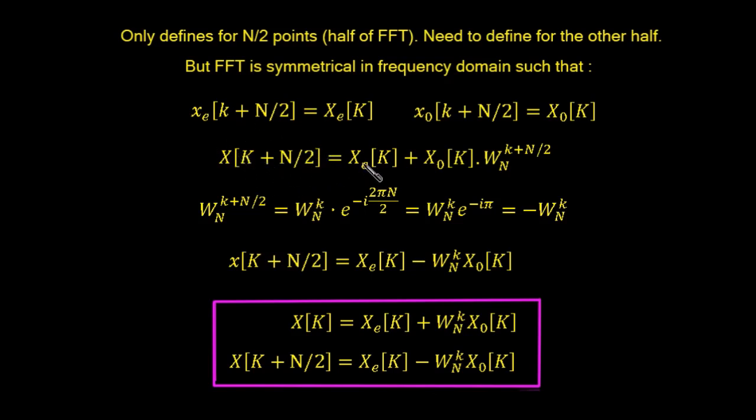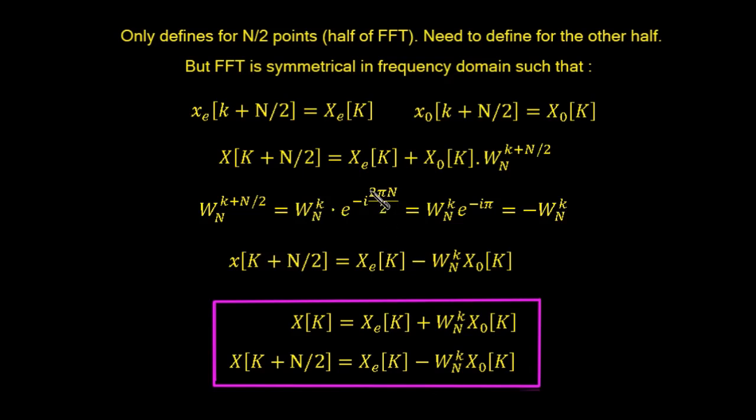So that's going to equal X even part of k plus X odd part of k times the twiddle factor, which is omega n to the k plus n upon 2. But we can rewrite this: omega n to the k plus n upon 2 is equal to omega n to the k times e to the minus i 2 pi n upon 2.